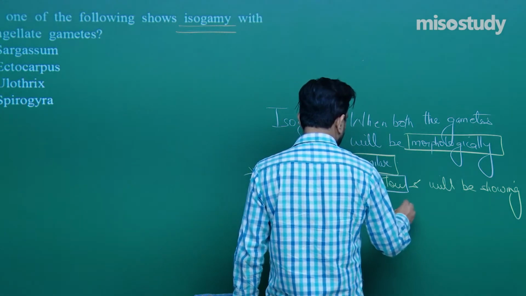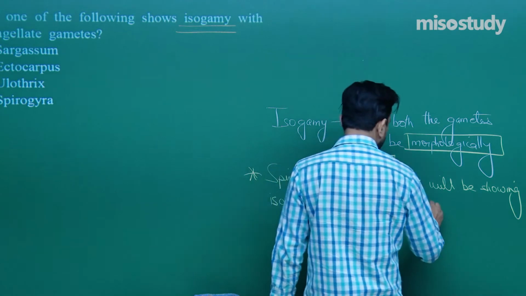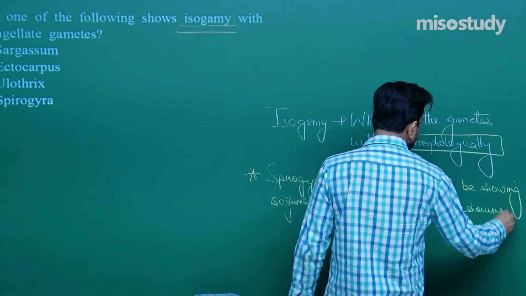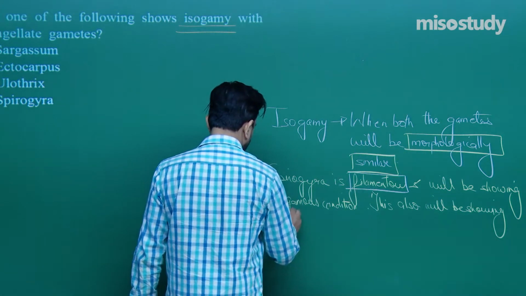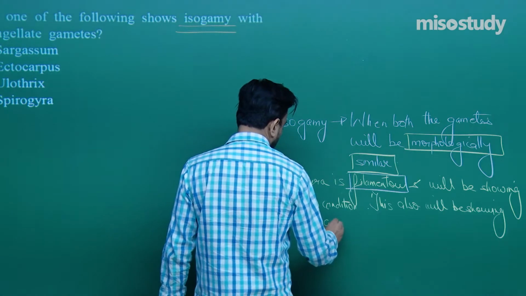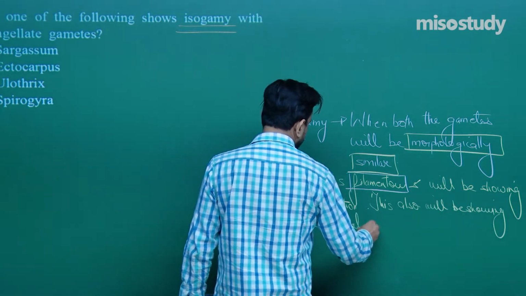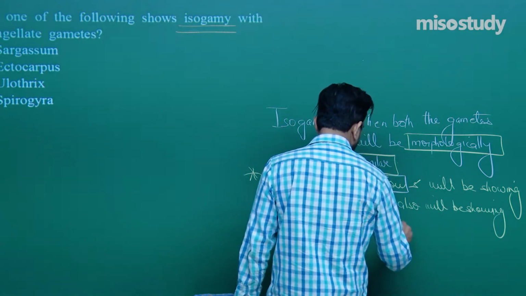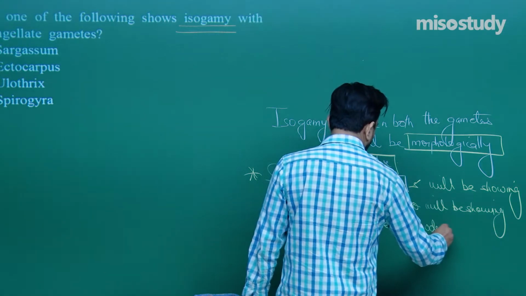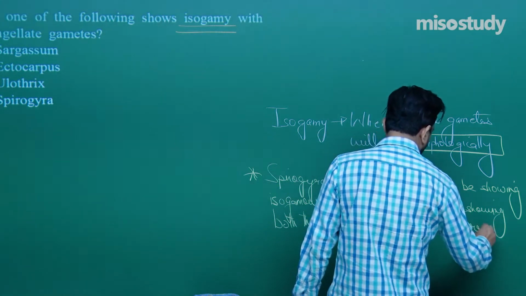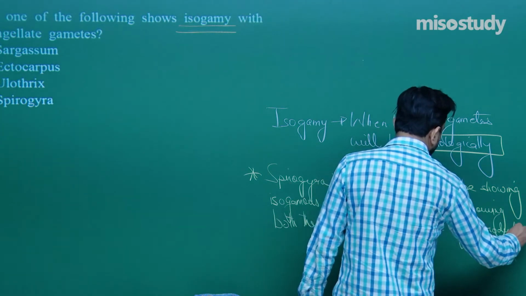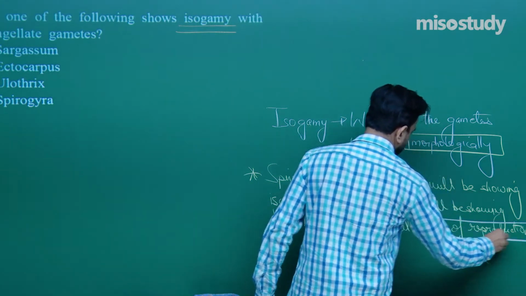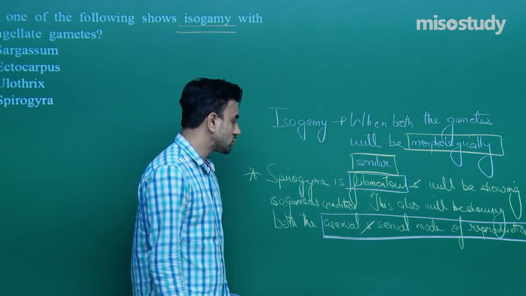So it shows both the asexual and sexual modes of reproduction.